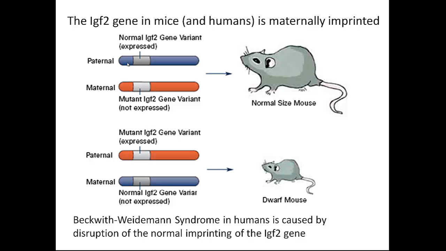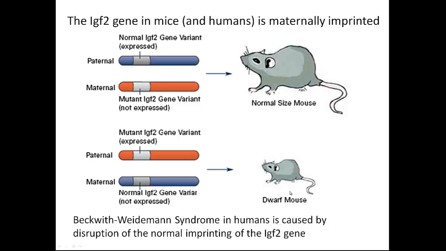The problem arises if you inherit a mutant copy of the IGF-2 gene from your dad. So even if you have a good copy of the IGF-2 gene from your mother, this copy is always silenced. And so this one is silenced and this one is mutant, and therefore you don't have any functioning IGF-2 protein being made, and that gives a dwarf phenotype.